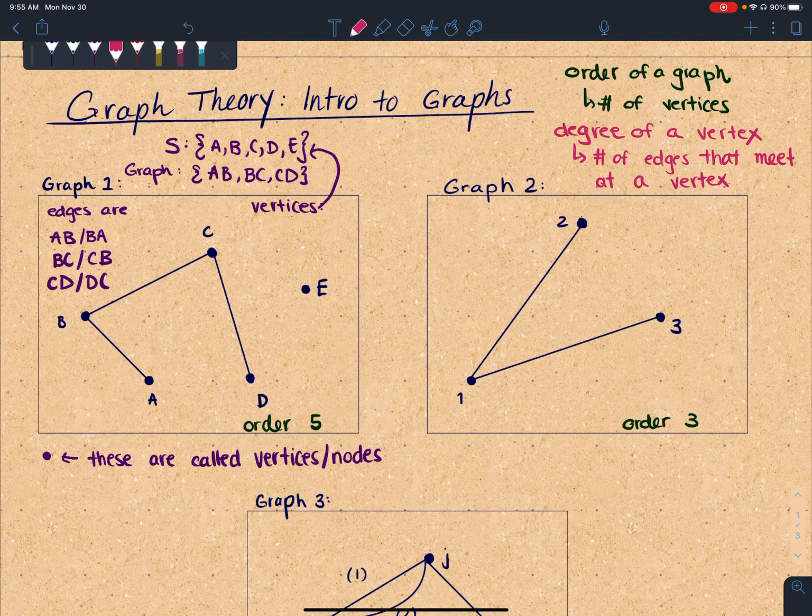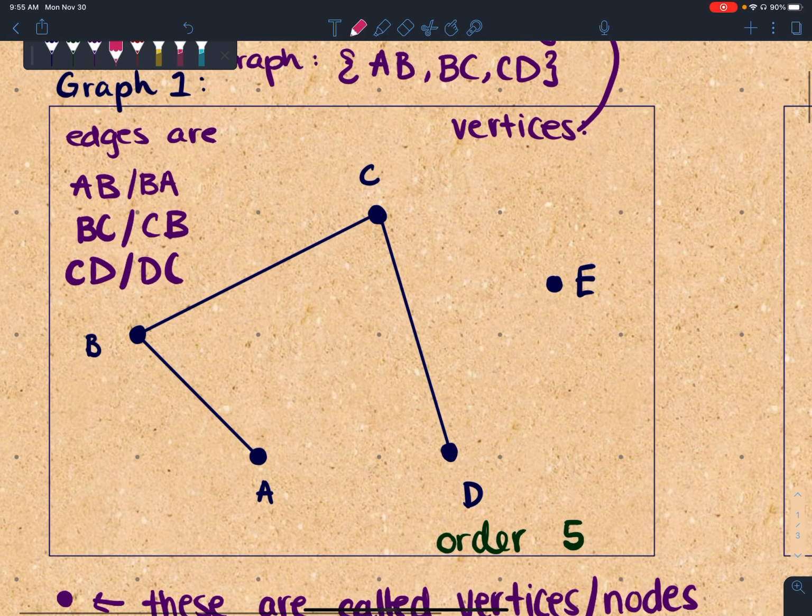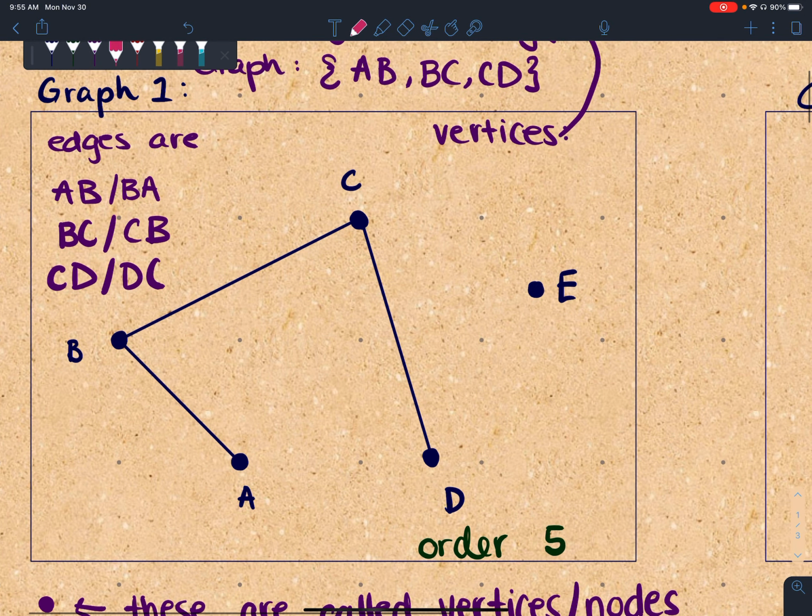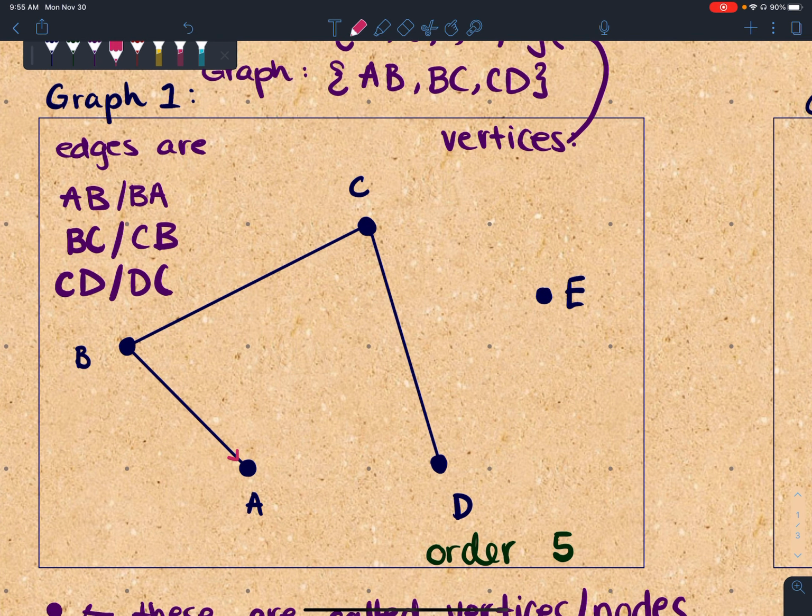So we're going to look at all of these vertices in graph 1 and 2. We'll just zoom into graph 1. Here, A has 1 edge leading into its vertex, so A has a degree of 1. B has 2 edges leading in, so it has a degree of 2.